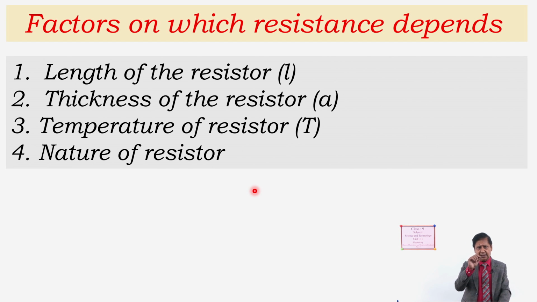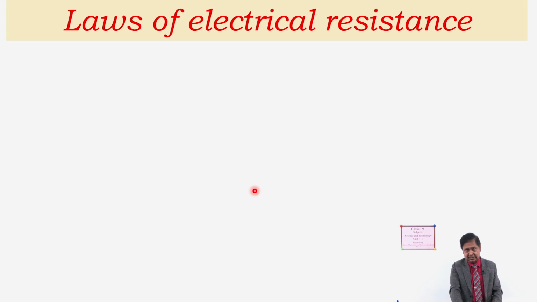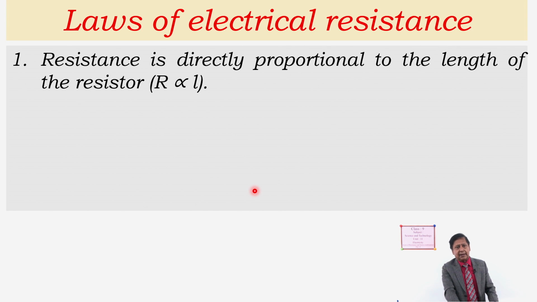But these four factors are taken as law. I mean to say, the laws of resistance are made according to these factors. Now I want to enter into the laws of resistance. What are the laws of resistance? Number one, resistance is directly proportional to the length of the resistor.